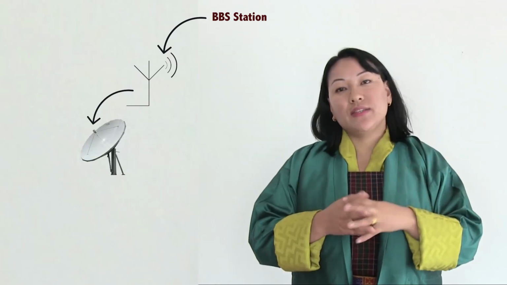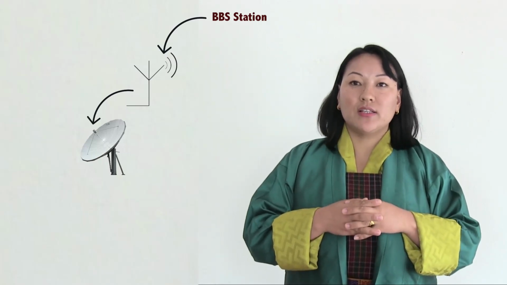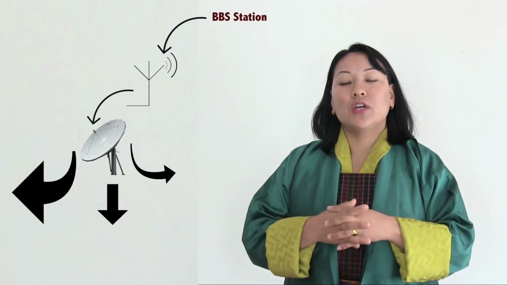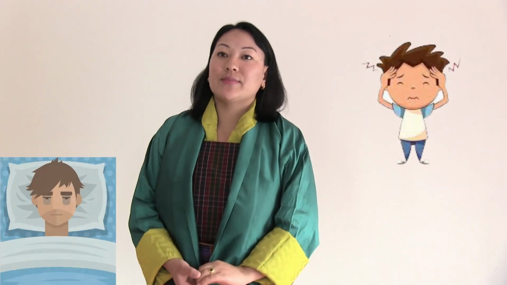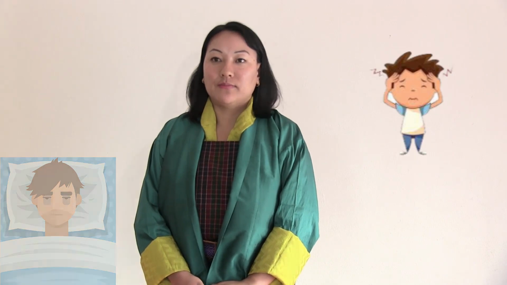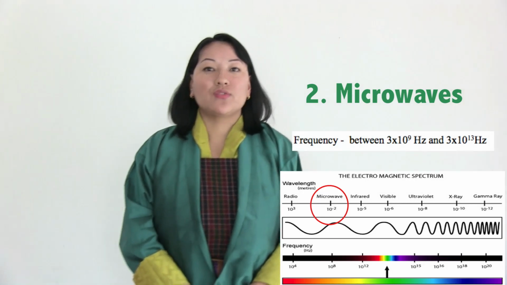And this receiving antenna contains alternating current which transmits the signal to every individual household through the use of cable. However, if you expose yourself more to the radio wave, it will lead to headache, sleep disorder and some neurological problems.